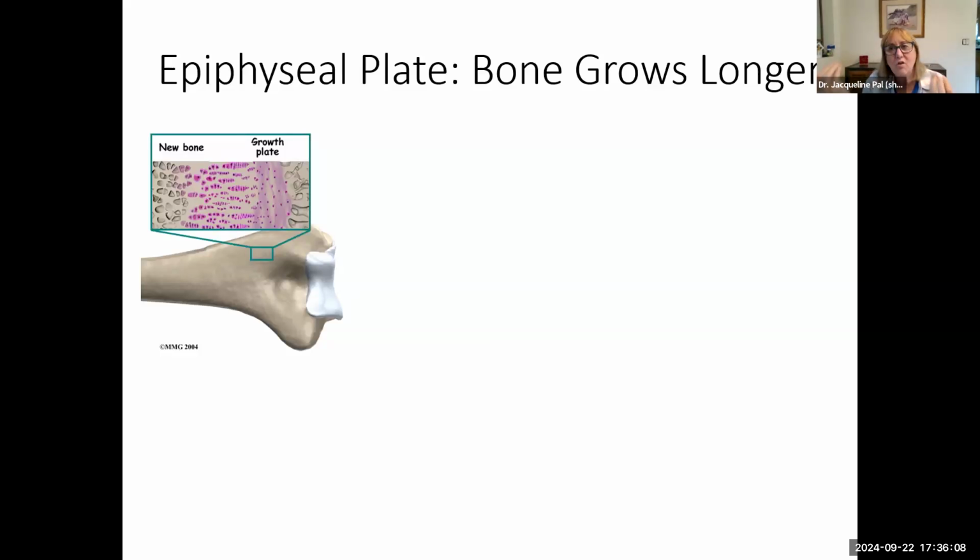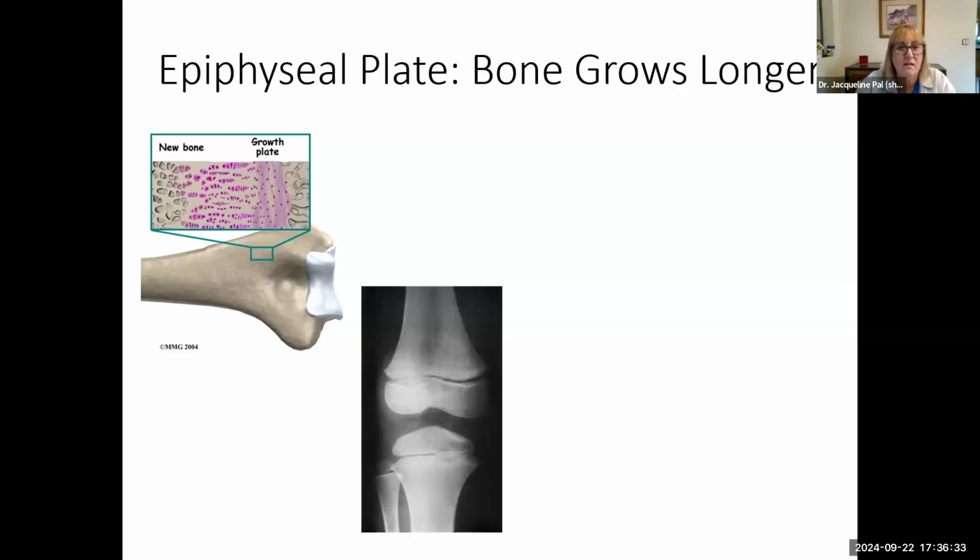So the only way you're going to make bone for a growth spurt is with endochondral ossification, which means by taking cartilage and making bone. So the only way you can grow taller is if you make new cartilage, grow taller from cartilage, and then that cartilage becomes bone. Does that make sense?